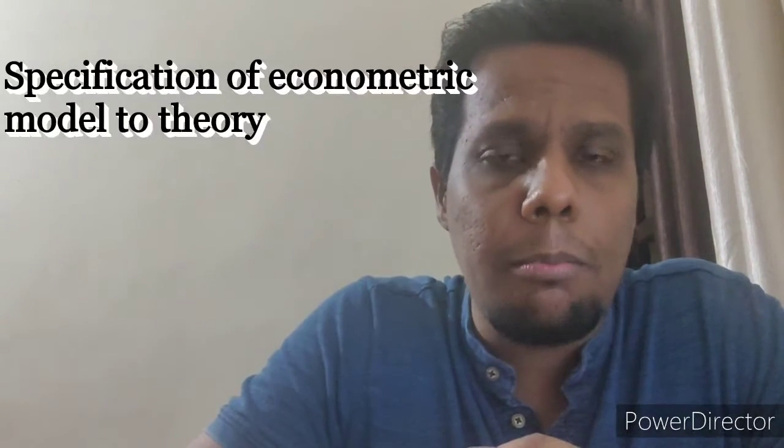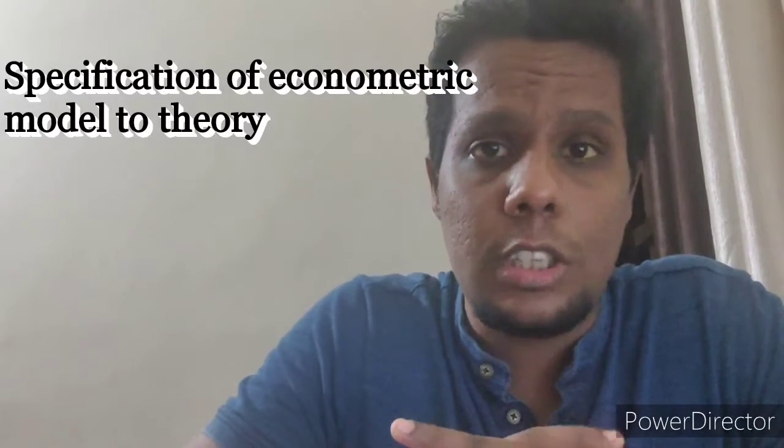In this video, I will be explaining to you the third and fourth steps in the methodology of econometrics. The third step is specification of the econometric model to the theory. As we are using the theory of consumption, we can say specification of the econometric model to the theory of consumption.